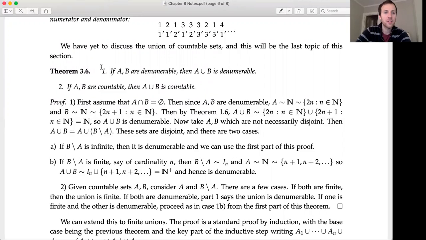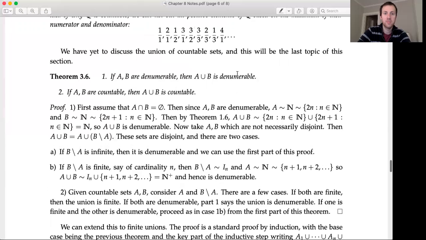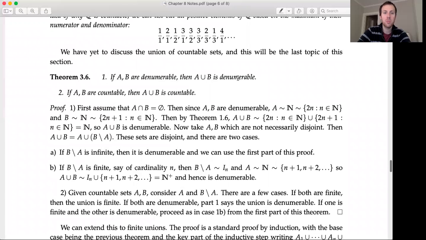So we have to carefully check that if we union two sets which are denumerable or countable, that union is also denumerable or countable.